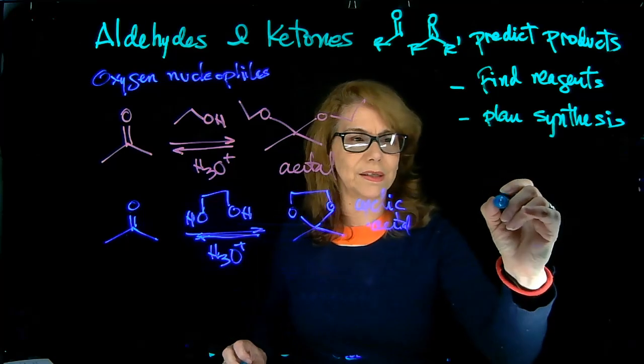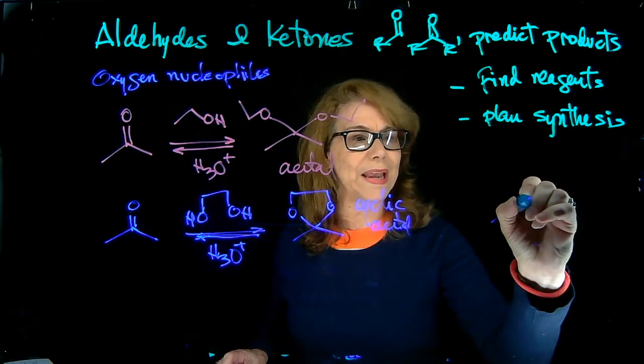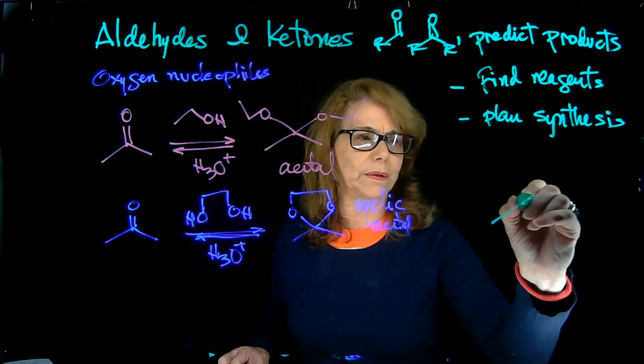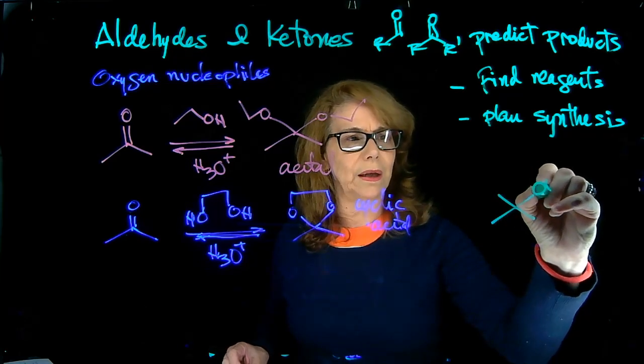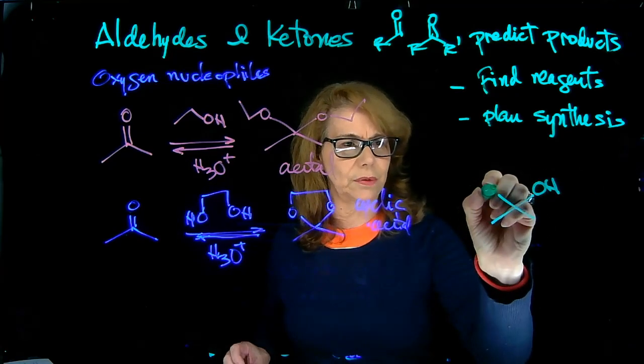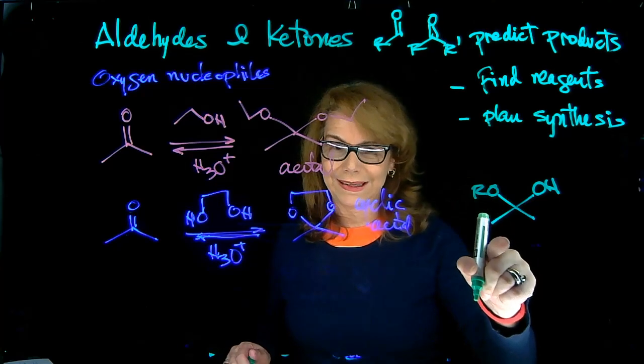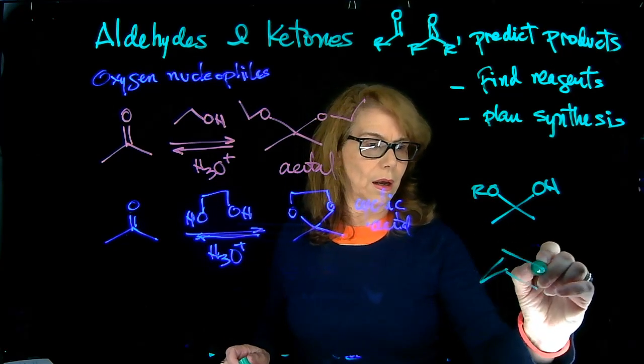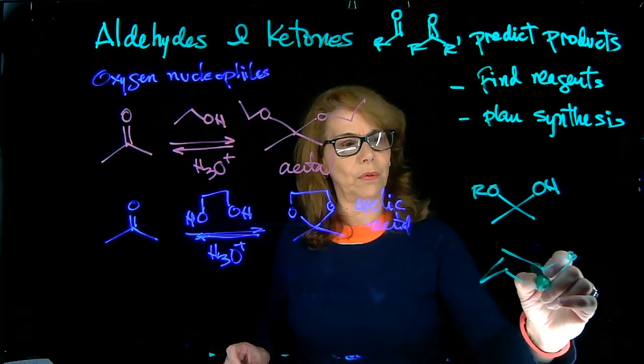Hemiacetals, we know about that structure, are rarely isolated. So hemiacetals will have OH and OR. In the case of sugars, you have cyclic hemiacetals that will have this form.